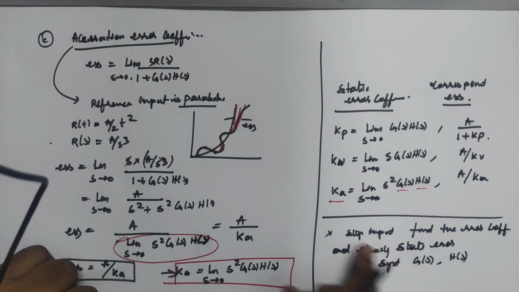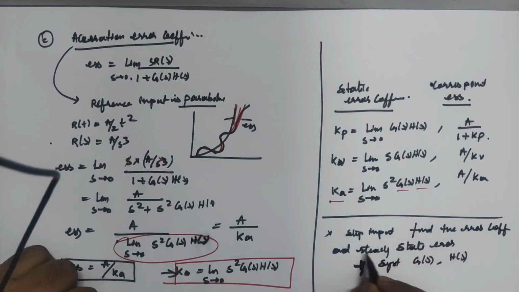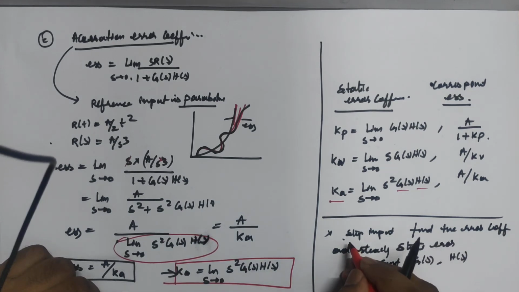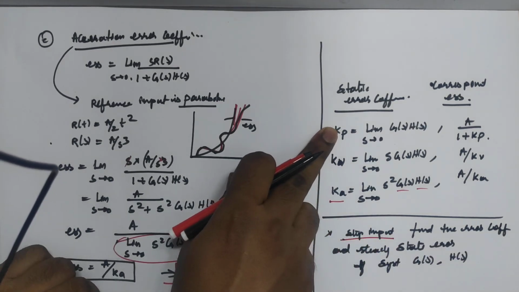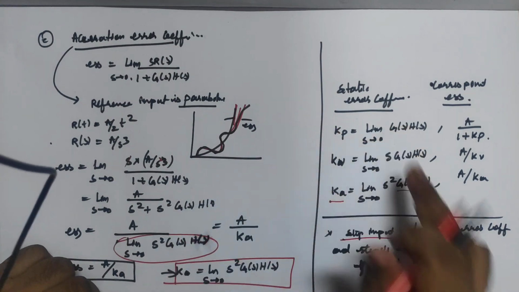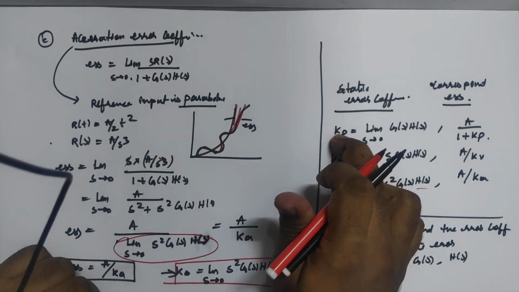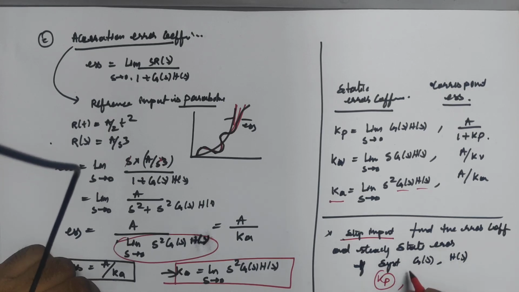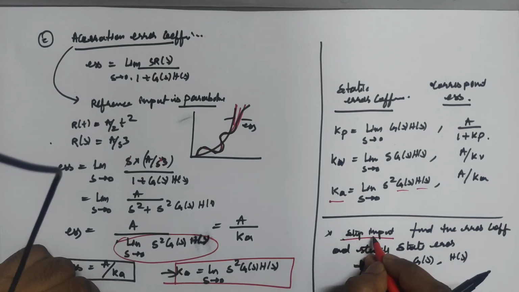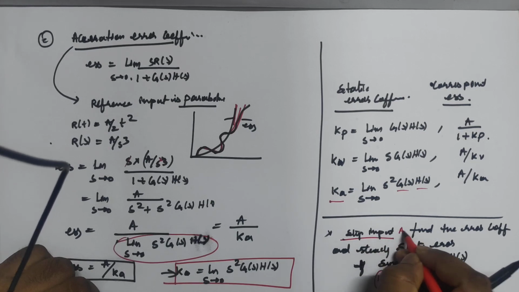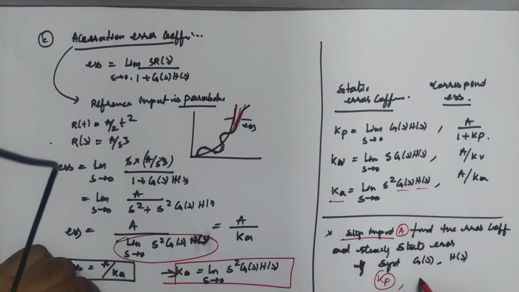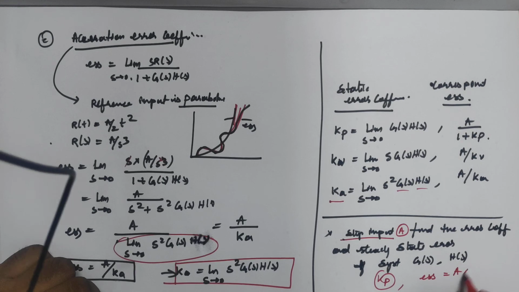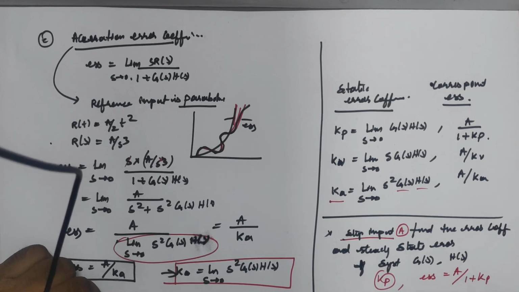Steady state error for a step reference input means directly you think of the position error coefficient, kp equals limit of g of s h of s, and you'll get the value of kp. After getting kp, for a step input with magnitude a, the steady state error is a by 1 plus kp.